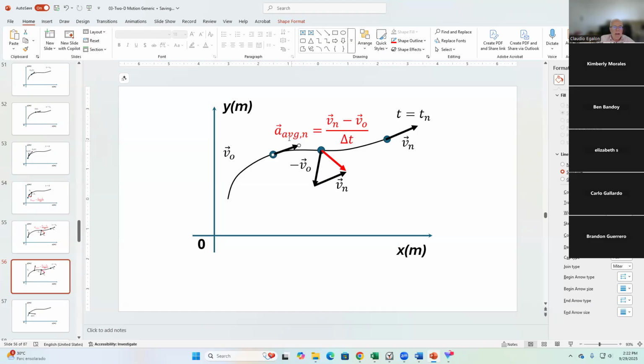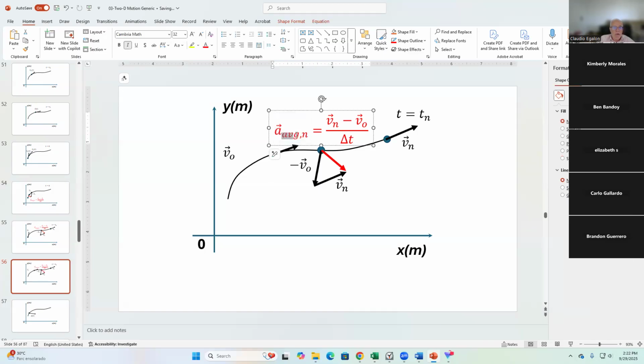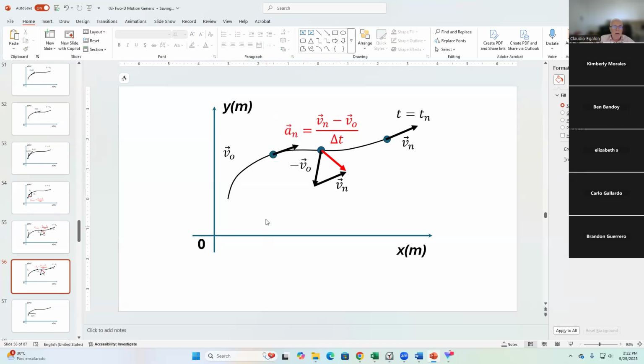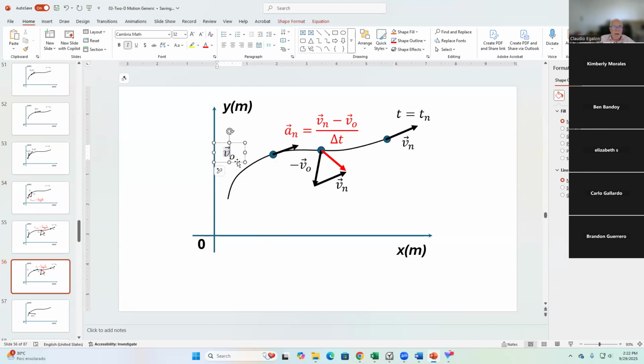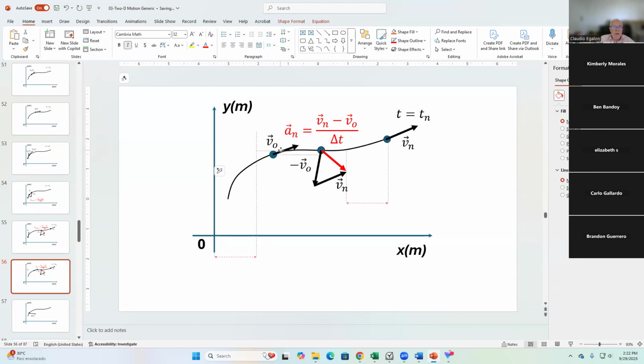And now instead of writing average here, I'm going to put a sub n. I have to change my notation here now. You know what, I'll leave this notation like that. Shrinking the interval.